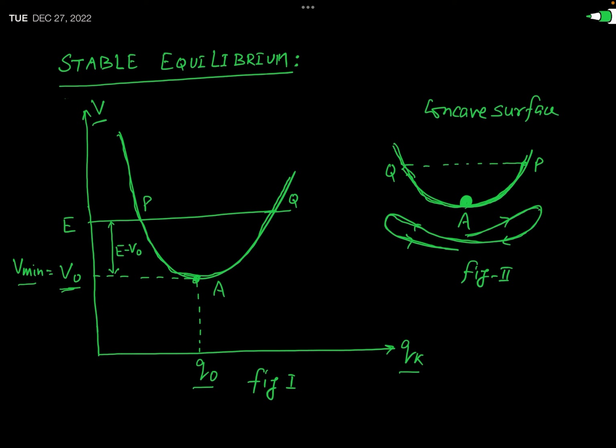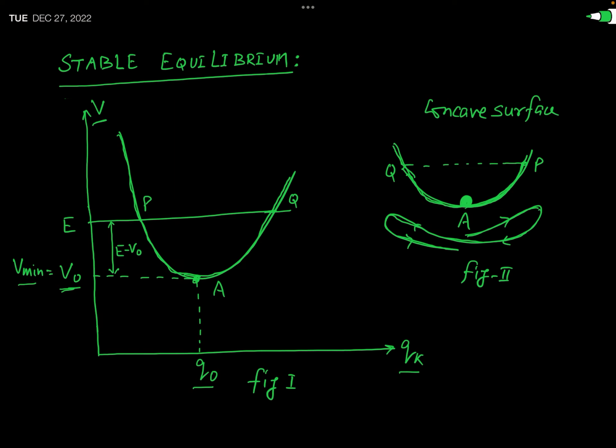Let us take this particle at this position q, and its total energy is E here. Then E minus V naught is the increase in potential energy.